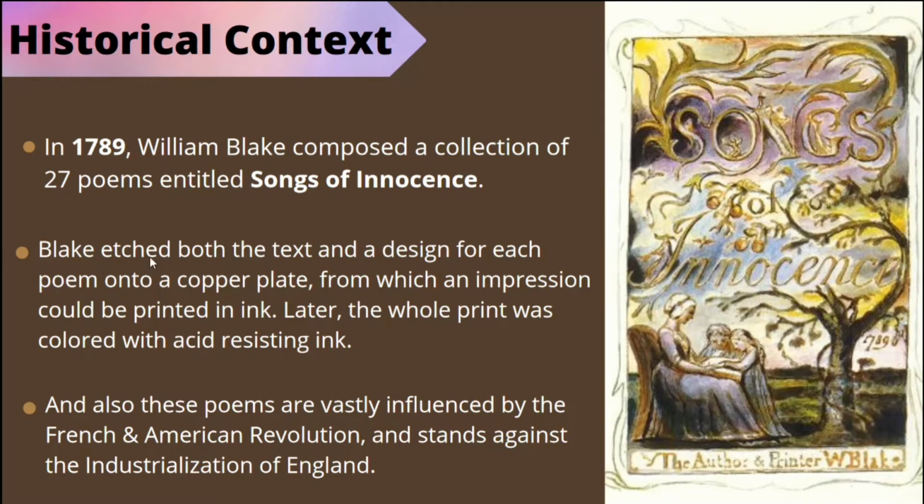Blake etched both the text and a design for each poem onto a copper plate from which an impression could be printed by ink. Later, the whole print was colored with acid-resisting ink so that all the other things will be gone, but his poetry will remain. This is kind of ironic also.